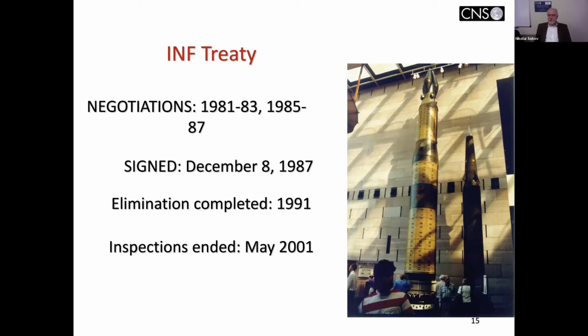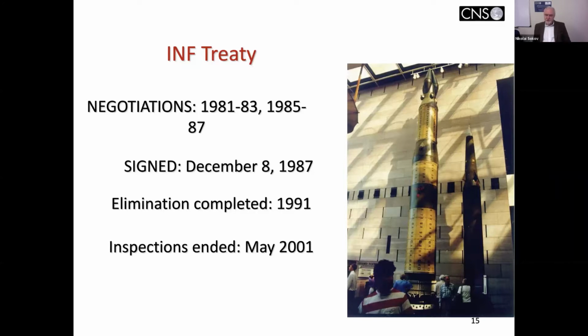The INF Treaty, the treaty that eliminated US and Soviet intermediate-range missiles. Intermediate range is between 500 and 5,500 kilometers, but only those that are land-based. Unfortunately, the same weapons, air-based or sea-based, were not affected by that treaty. It only applied to land-based. Very long negotiations.